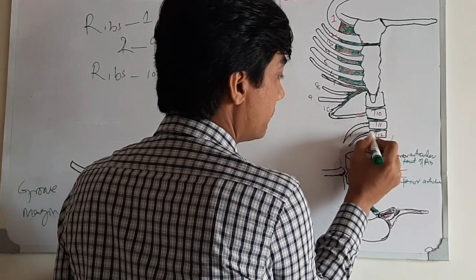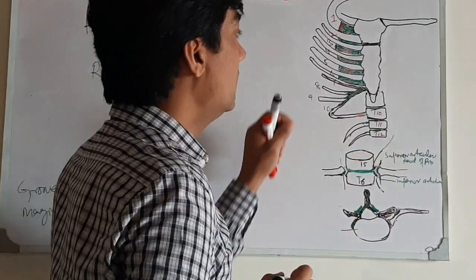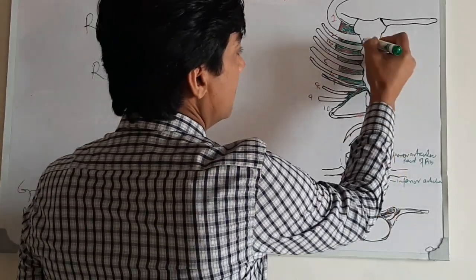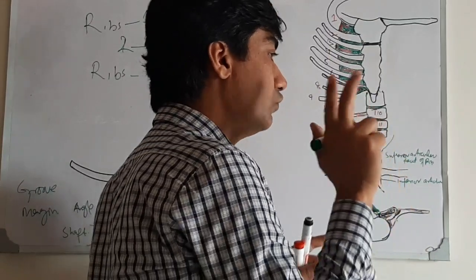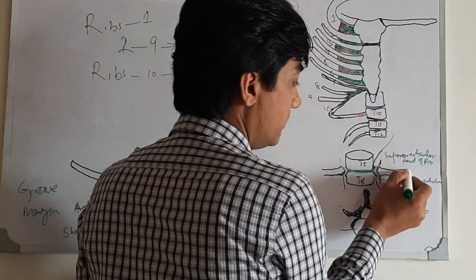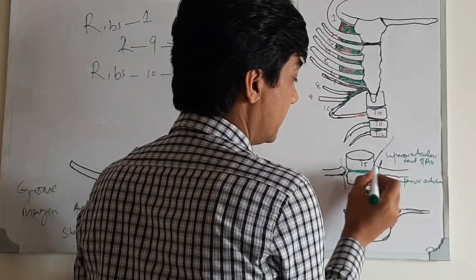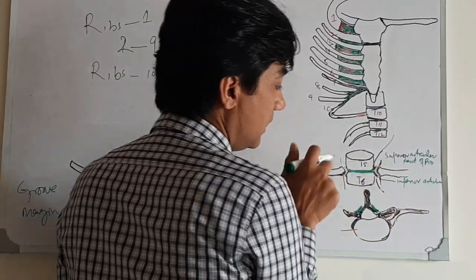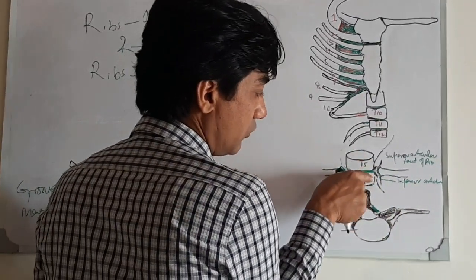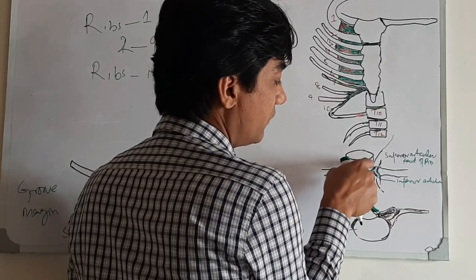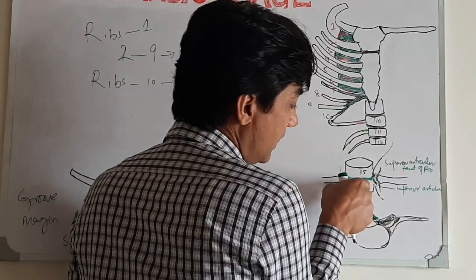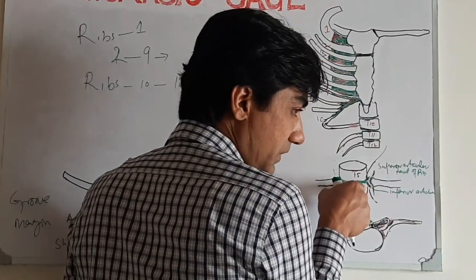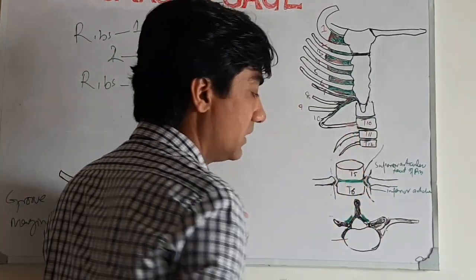You can see T2 to T9 is a connection with two vertebrae. Here is a rib attached with two vertebrae, the first portion and the second portion. The first portion is the inferior margin of this vertebra, and the second is the superior costal facet of the second vertebra.